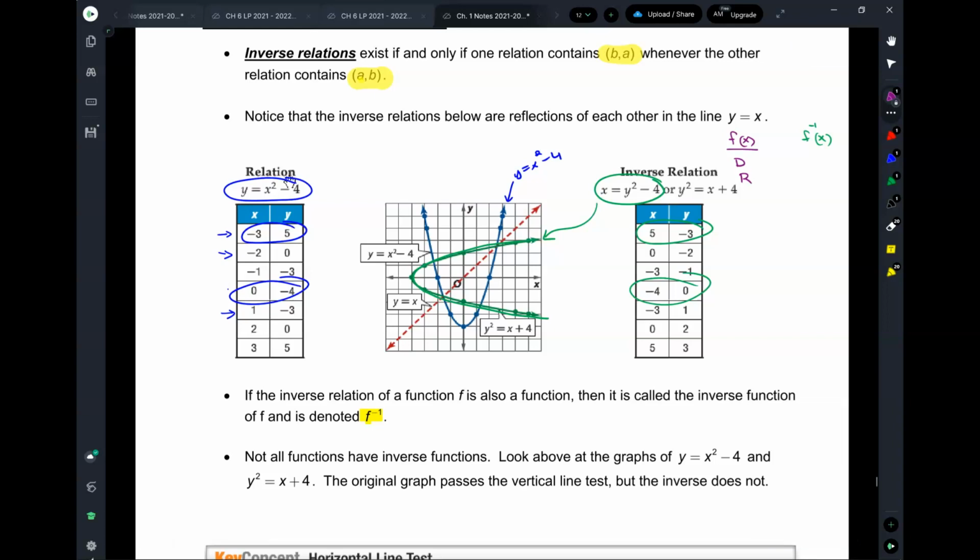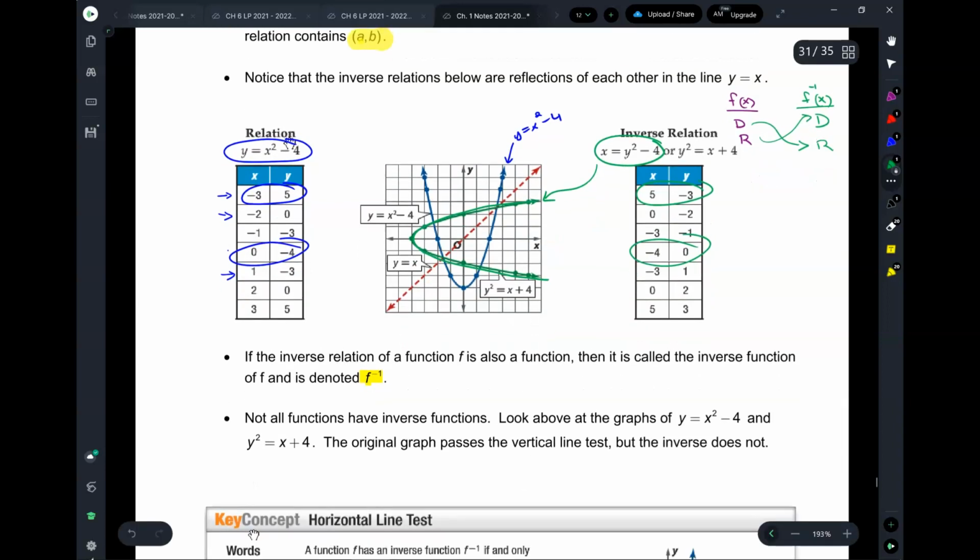We've been finding those since the beginning of the year. When you switch to the inverse, the domain becomes the range, and the range becomes the domain. They literally just swap. We're going to do a little bit more of that in a little bit.